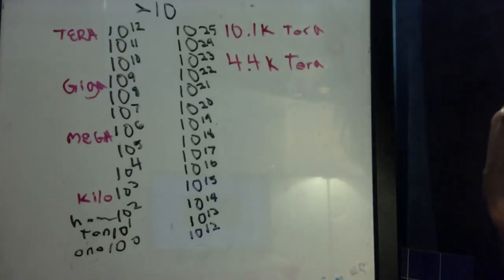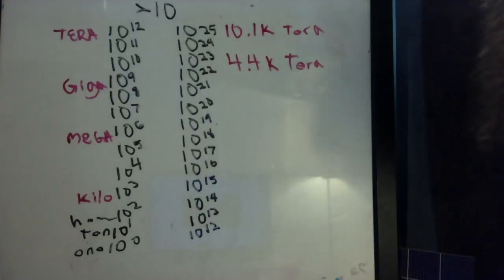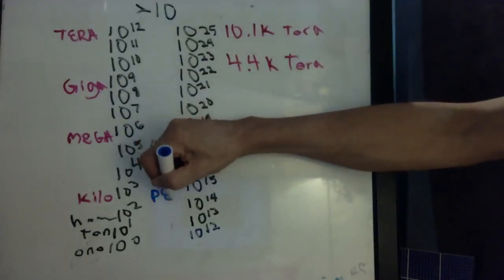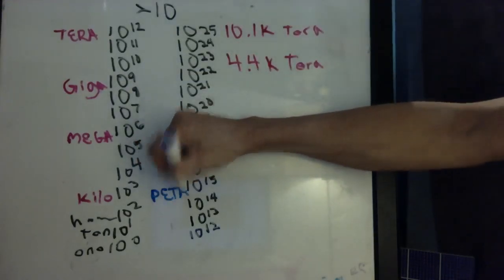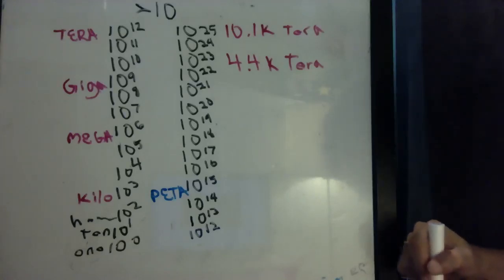All right, we're not done yet. We got names for these because we're only up to Tera over here. So let's see here. Because now we got to go Peta. What's Peta? Peta's over here at 15. And that's a quadrillion, by the way, 10 to the 15th.